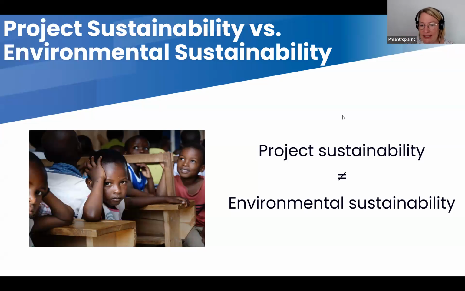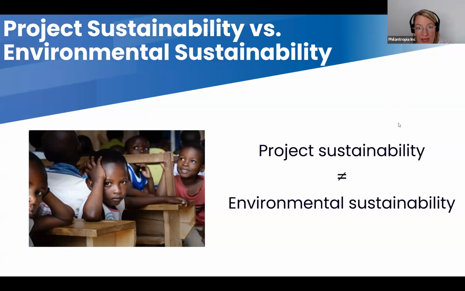Yeah, so just understand that project sustainability is not necessarily the same as environmental sustainability. Environmental sustainability usually is a cross-cutting issue, so you do have to address it. You have to make sure that your project doesn't have a huge ecological footprint, that you don't use too many plastics, that you don't have any negative effect on the environment.